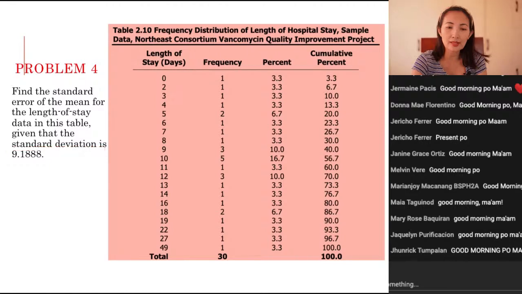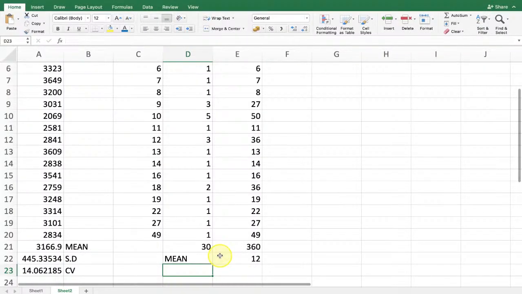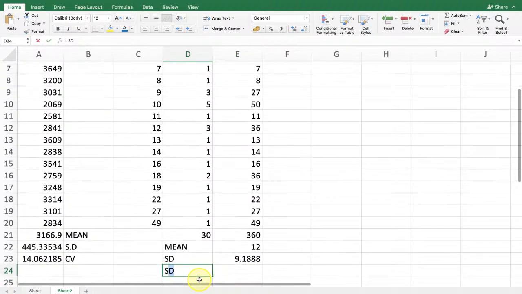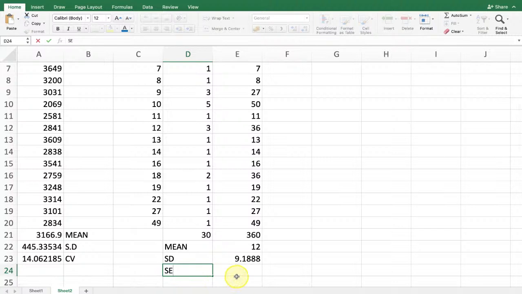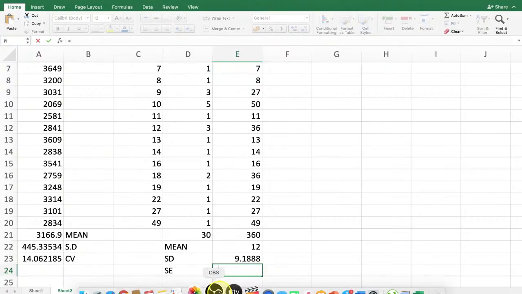The standard error. So let's go back to our Excel sheet. The standard deviation as provided in the problem is 9.188.